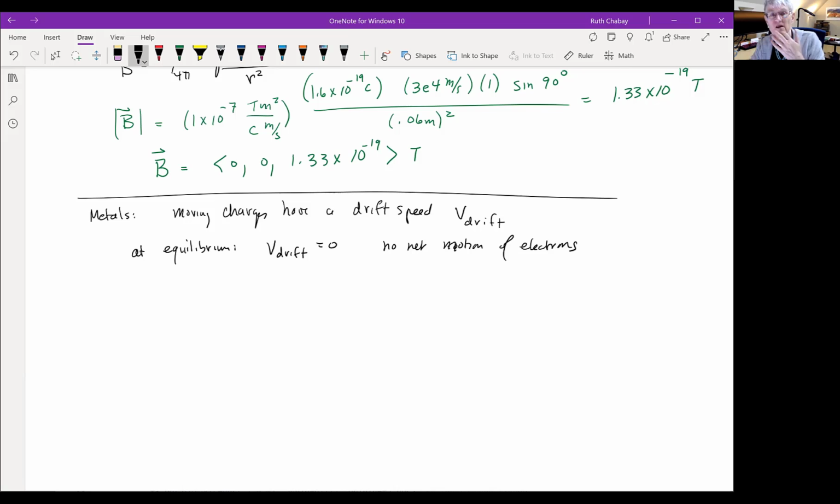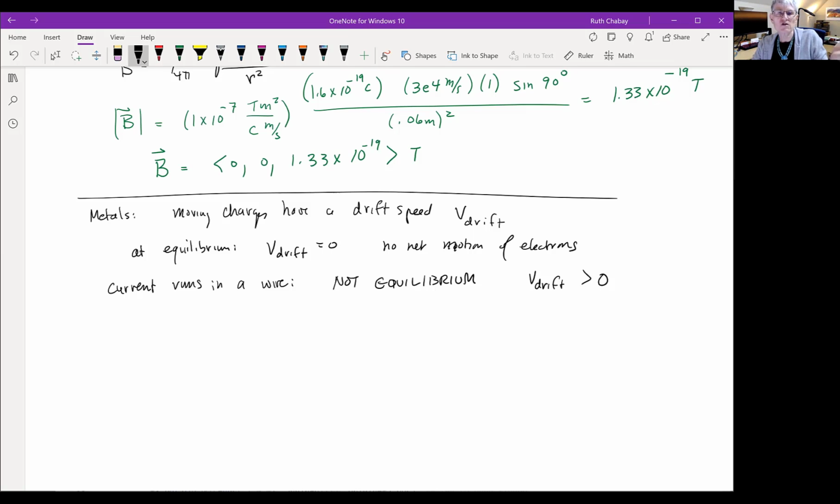And the moving charges in the materials we're going to be talking about are almost always electrons. When a current runs in a circuit, in a wire, say, that's not equilibrium. So the drift speed is greater than 0.